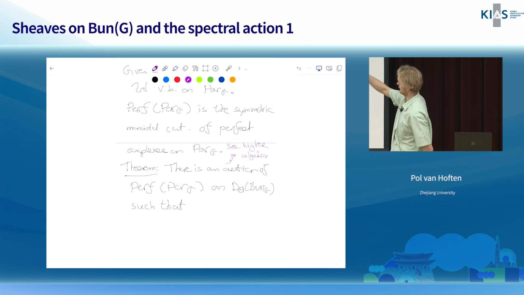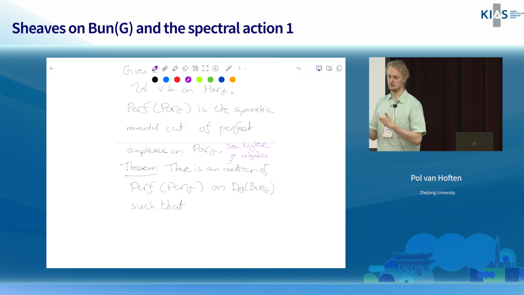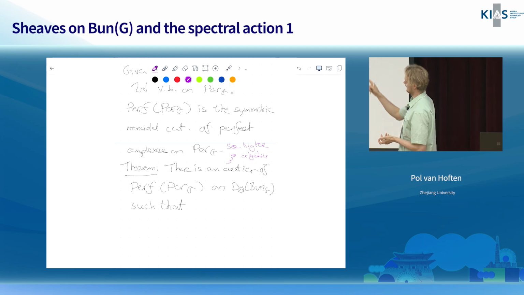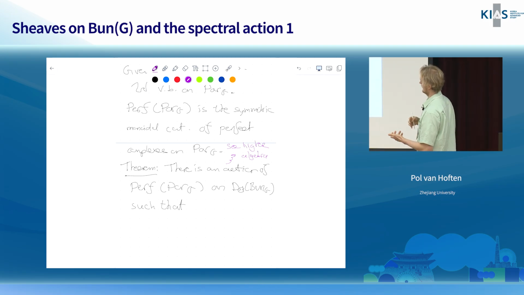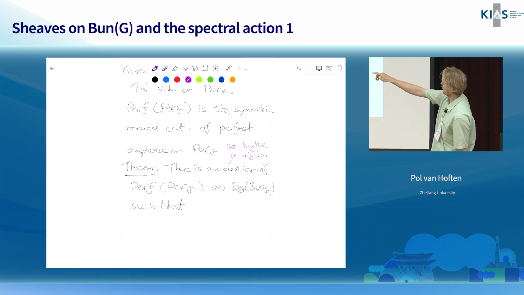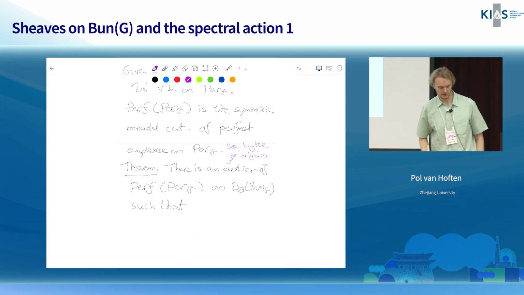The point is that Perf is a symmetric monoidal category, so it's like an algebra, and D_et Bun G is just a stable category, so it's like a module. So I'm basically saying that in the infinity categorical world, this algebra acts on this module. So that's a reasonable statement. So in particular, for an object in perfect complexes, I should get an endofunctor of Bun G. Okay?